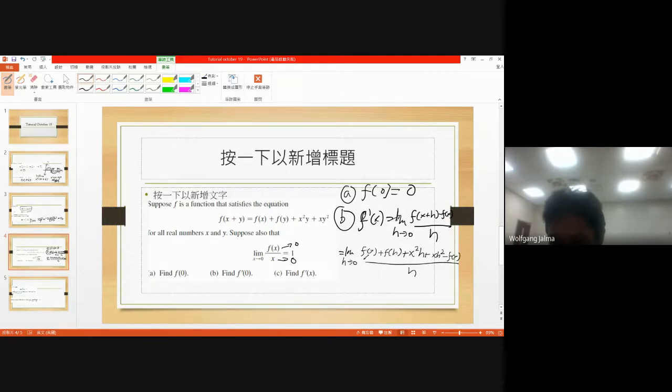This one must disappear. So this one is the limit as h approaches 0 of f(h) over h plus x squared plus xh, right?